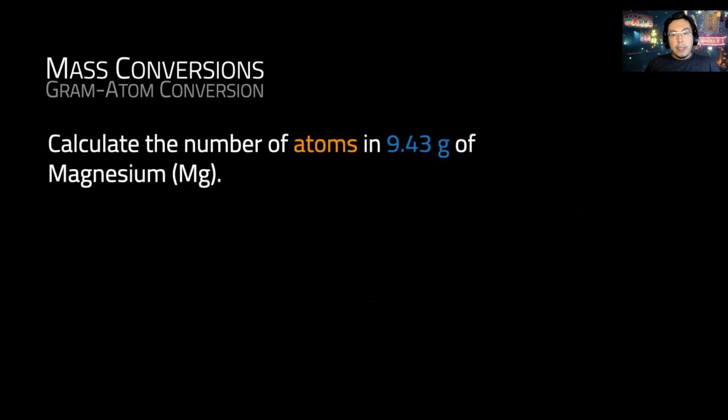What about from here? We're actually given the grams and we're asked for the atoms. If you remember the map, we have gram, mole, and then atom or molecule, right? So what they're asking us to do is to get the number of atoms starting from grams. Remember, there's no direct way that we can reach the atom all the way from grams.